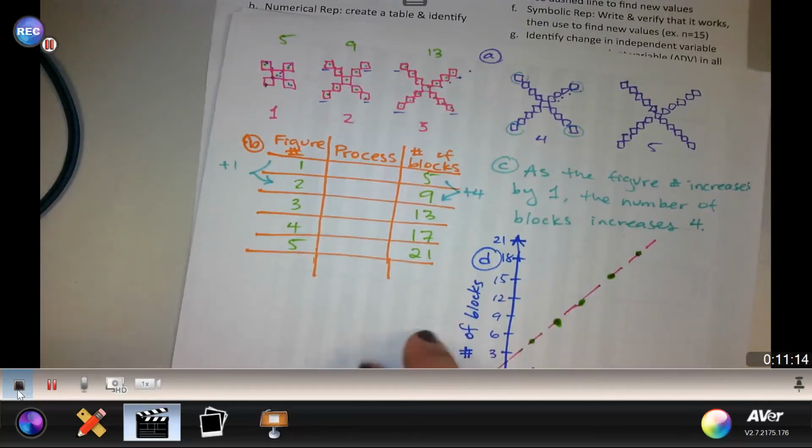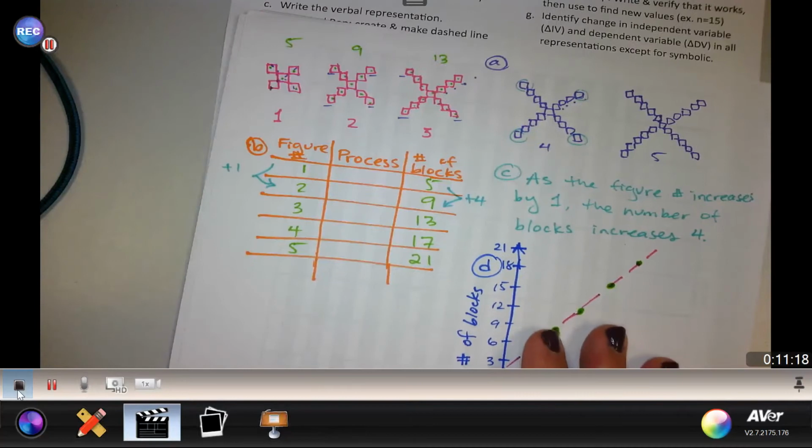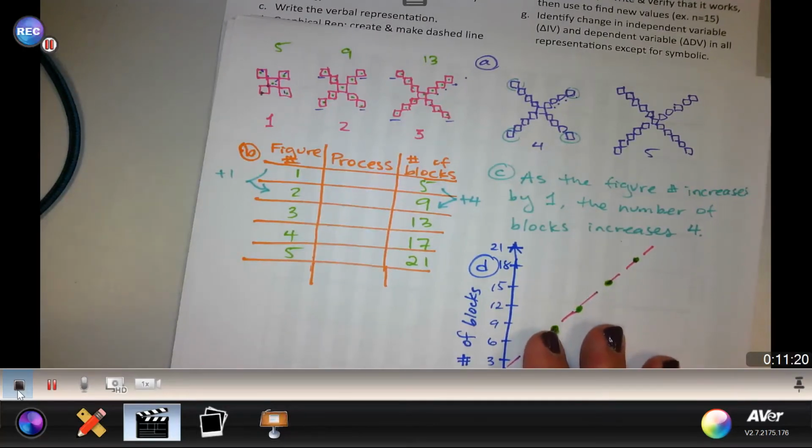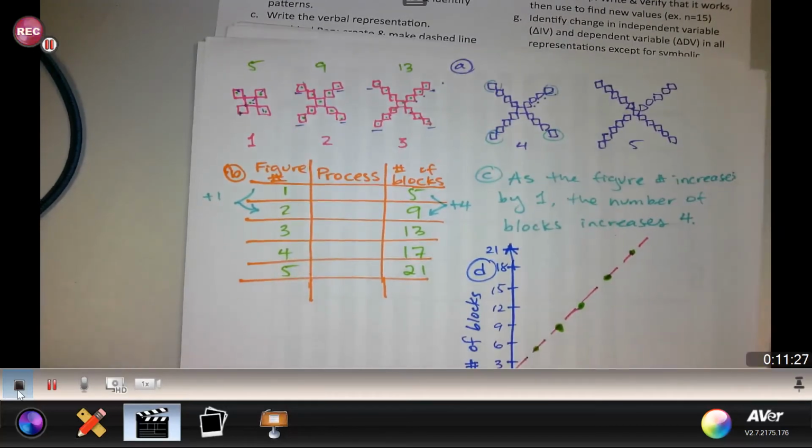Okay, so then I'm skipping E and going to F, which is write the symbolic representation and then verify that it works. Writing the symbolic representation essentially means we want the letters.